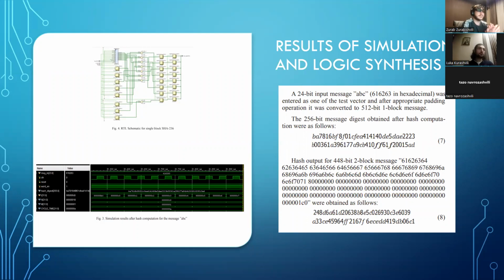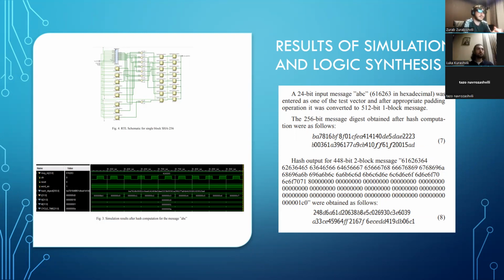We have a table that presents the performance parameter summary for the design, and a second table that shows performance comparison among several SHA designs. From the tests, the maximum frequency of operation attained was around 101 megahertz, 101.672 megahertz to be exact.